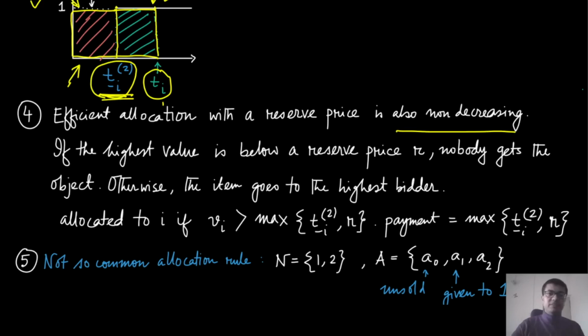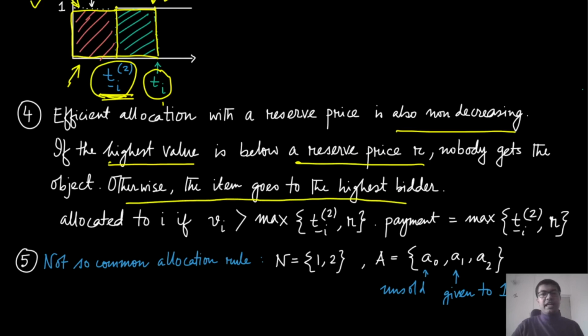So what is a reserve price? It says that if the highest value is below a reserve price R, then nobody gets the object. That is the minimum selling price at which the auctioneer will sell this object. Otherwise the item goes to the highest bidder.